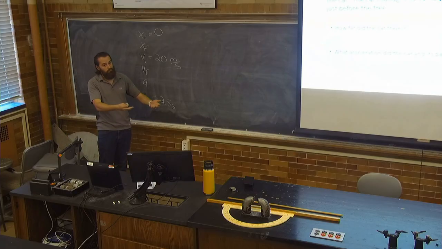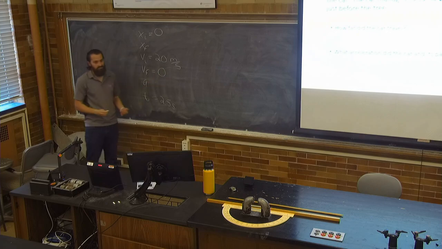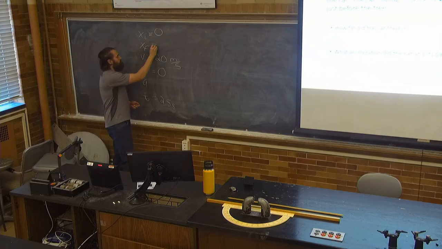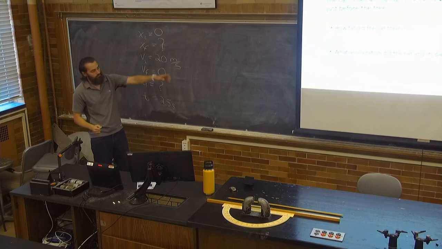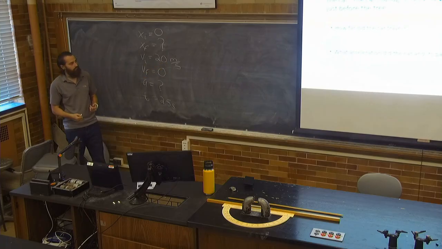If something comes to a stop, what is its velocity? 0. So they told us the final velocity, they just didn't use a number, they used words. And now the two variables that we don't know are final position and acceleration. And those are the two values that the question is asking for.